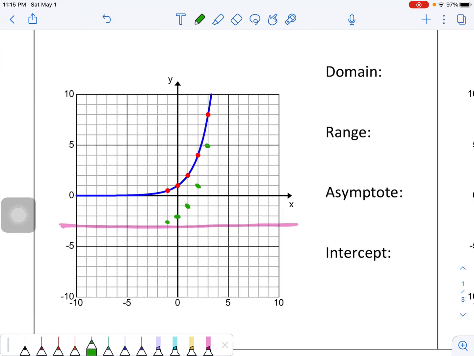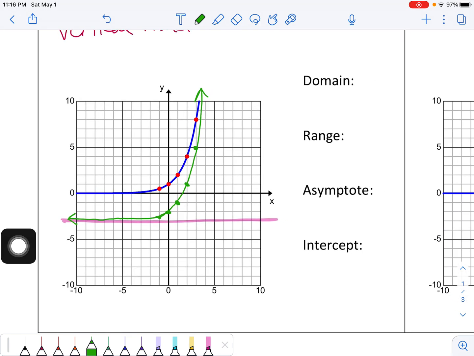All right, so I'm going to go ahead and connect the dots, curving up. There we go. So that's the rapid growth, and then let's go ahead and do some gradual growth down here. Kind of wobbly there because I was trying to draw it slow. But basically, we're approaching this horizontal asymptote, but we're never going to cross it or touch it. That's the whole point of an exponential function.